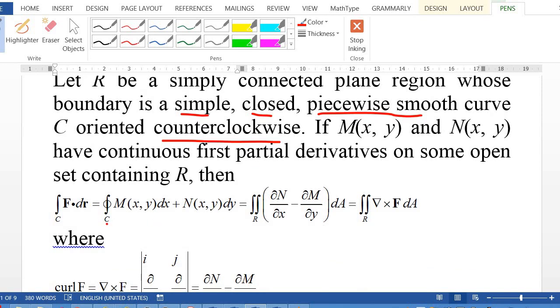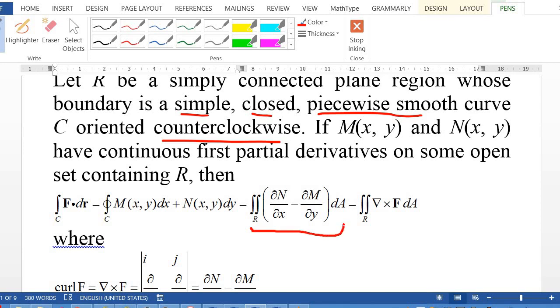By Green's theorem, the integral of M dx plus N dy along the curve C, which is closed and oriented counterclockwise, is equal to the double integral of (∂N/∂x minus ∂M/∂y) dA. This is the form we learned last time.